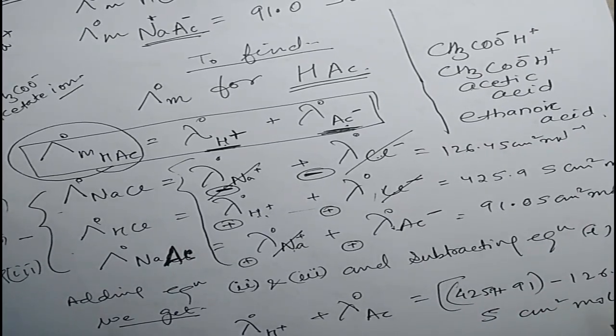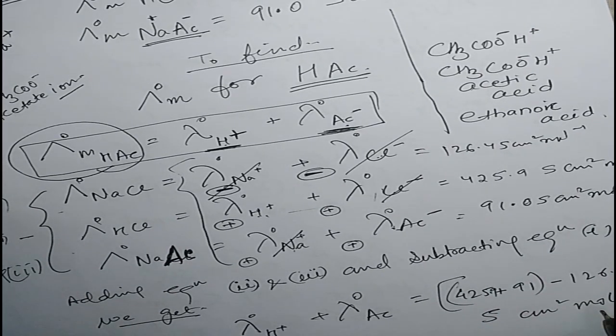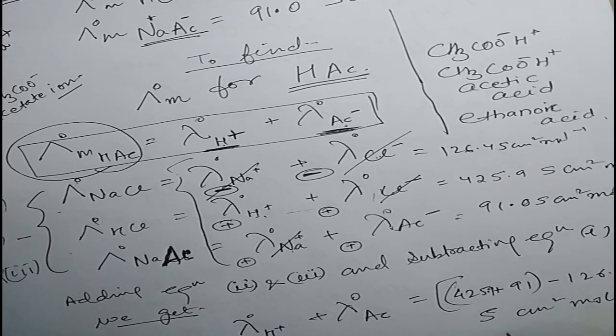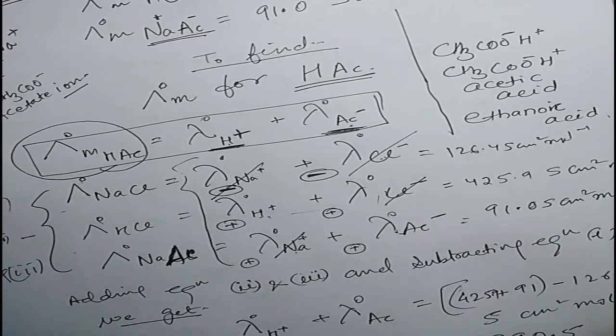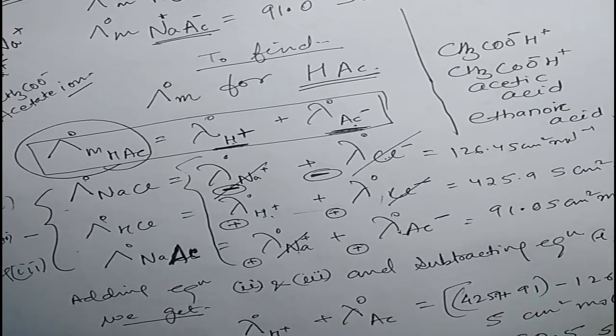So this value comes out to be 390.5 Siemens centimeter square per mole.